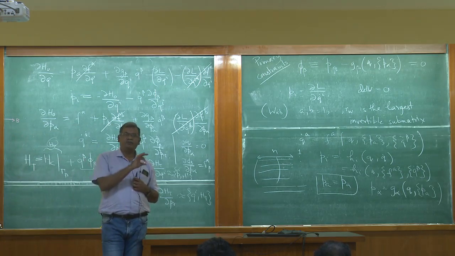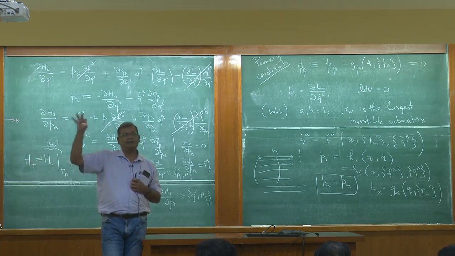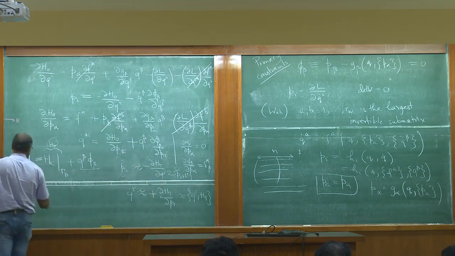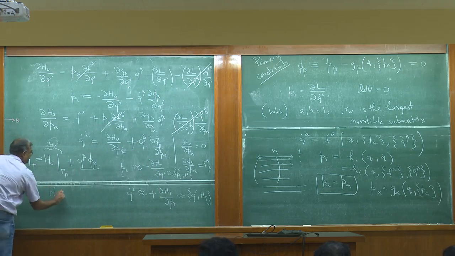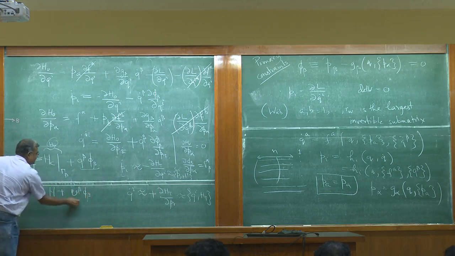right? If you don't use H_0 itself but use some other function, I mean a different function on the entire phase space, but when you confine yourself to gamma_p, it's the same thing. So the general H_T that will be used is something like H plus v^beta phi_beta, where these v^betas are the Lagrange multipliers.